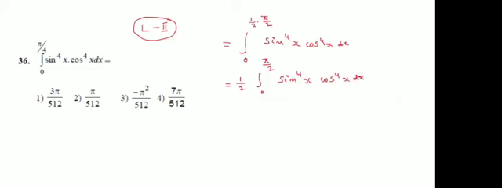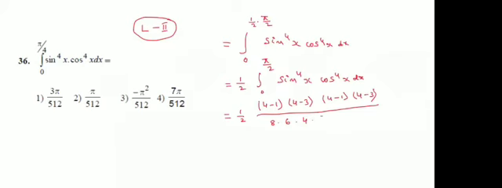Now apply the reduction formula. 1 by 2, numerator 4 minus 1 into 4 minus 3. The second term is also the same: 4 minus 1, 4 minus 3. But the sum of the powers is 4 plus 4, 8. 8 minus 2, 6. 8 minus 4, 4. 8 minus 6, 2.